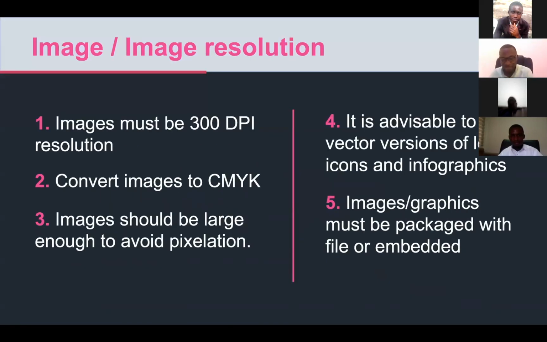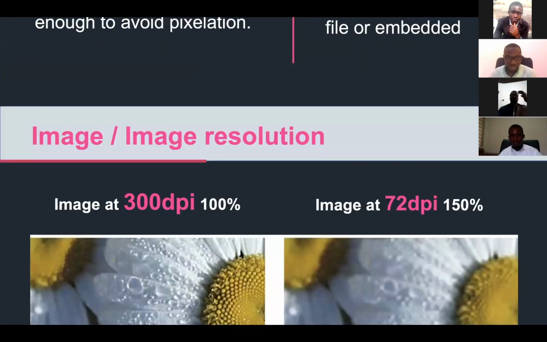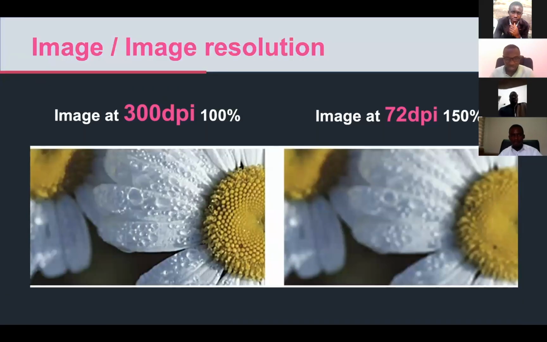So the first item we have dealt with is the document. Now let's go to the images that you have used in your design. So let me show you another image here, then we go back. What you are seeing on your screen here, what is on the left is an image of 300 dpi. Image resolutions are measured in dots per inch.